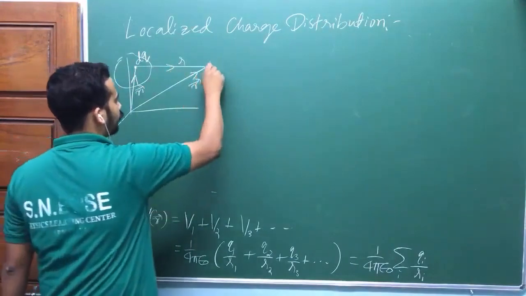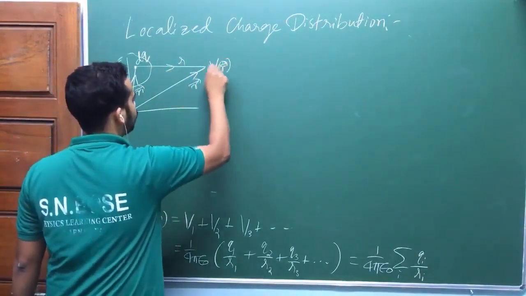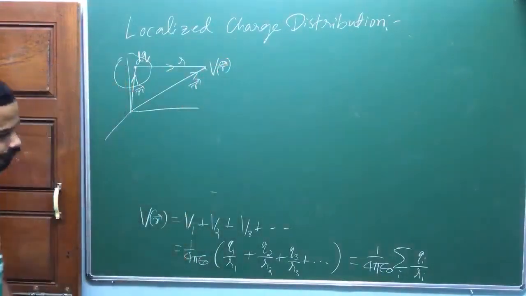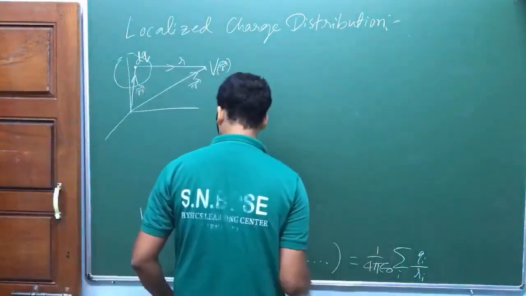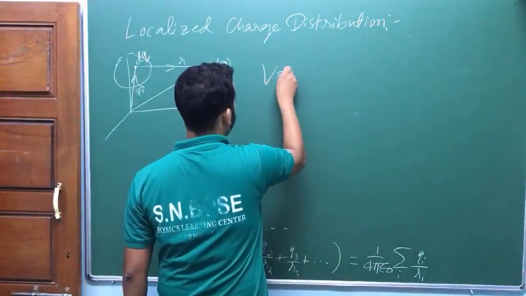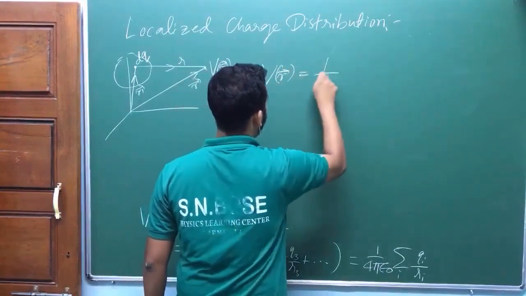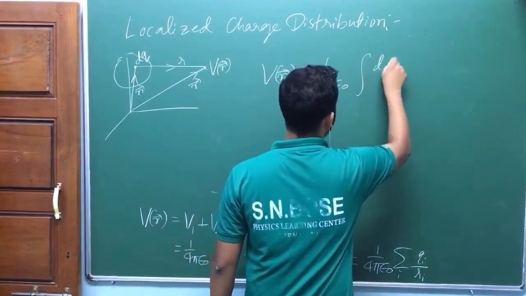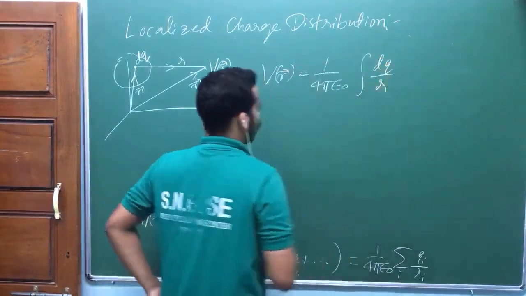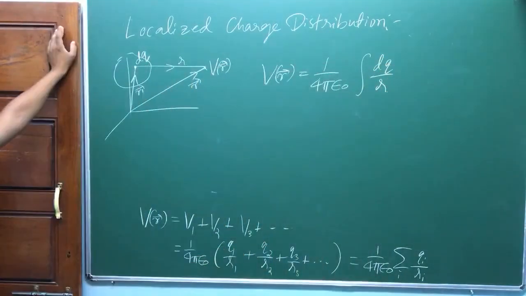So we wish to find potential at this point. In that case, we can generalize this. This was a summation. Now we can generalize it to an integration: 1 by 4 pi epsilon naught, integral of dq divided by italic r. Check this out.